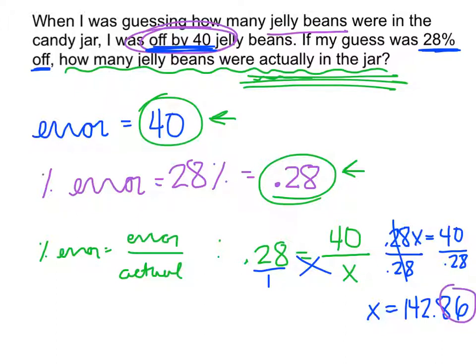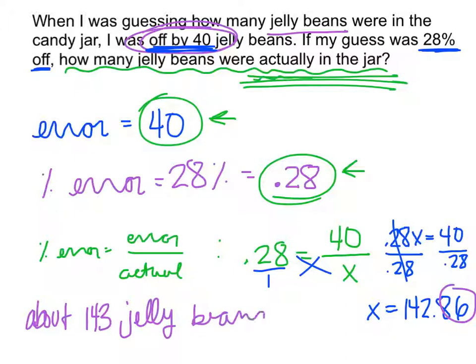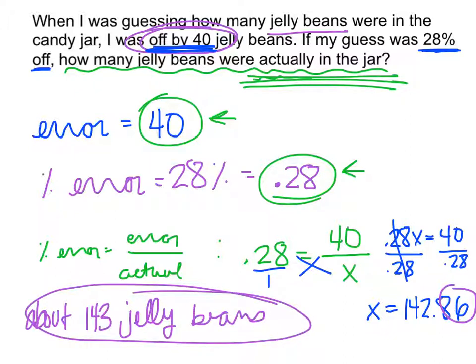So we're going to say about 143 jelly beans were in the jar. We followed our same process, but it was asking for a different answer than what we're used to. If we take our processes that we're used to and we slowly walk through it, you will be fine.